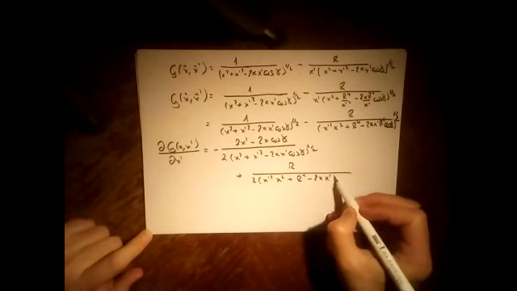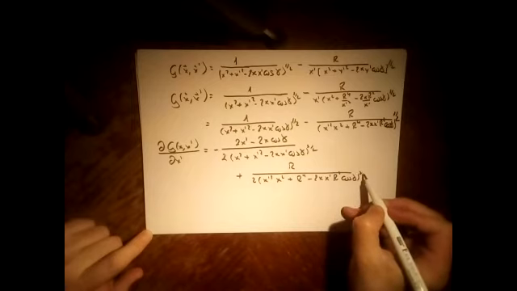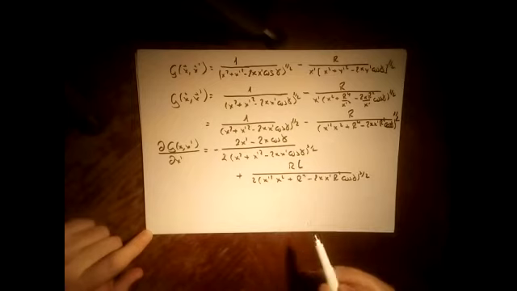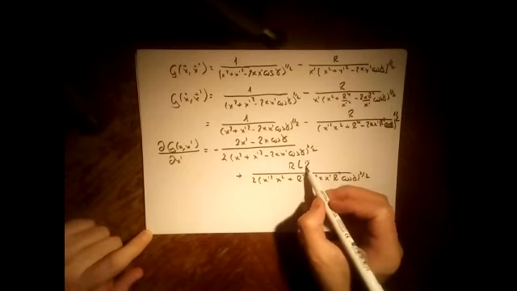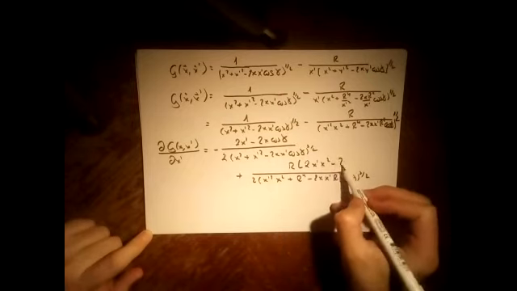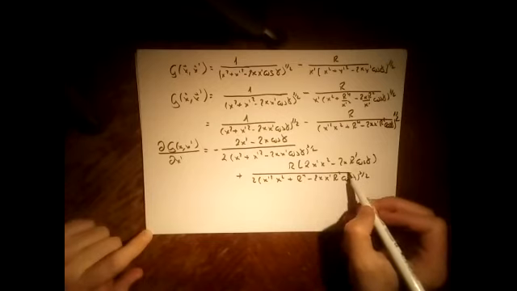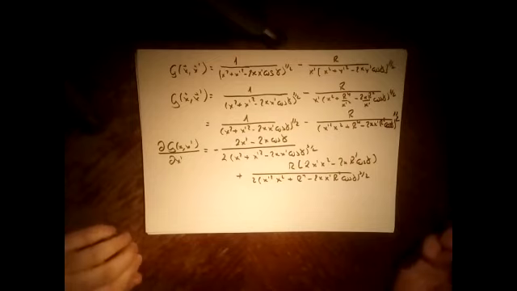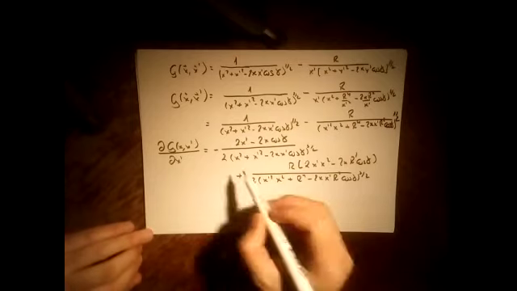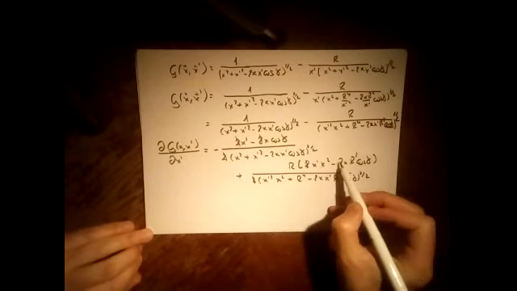And here I'm going to have 2x prime x squared minus 2x r squared cosine gamma. Okay, yeah. So first of all, the 2's cancel here as well as here.